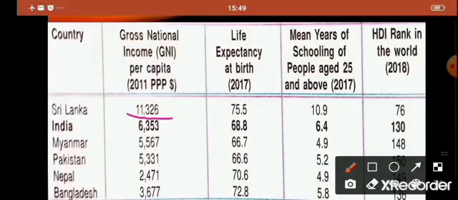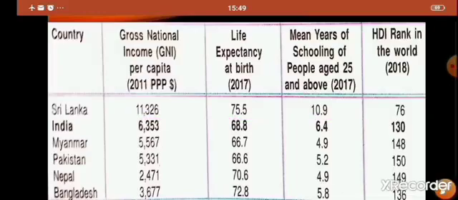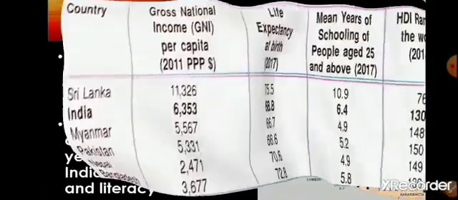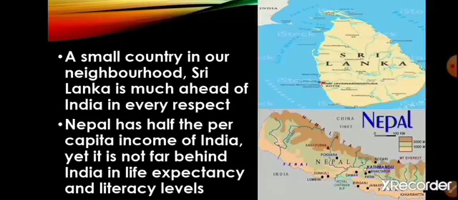And if you see the life expectancy at birth, it was 75.5, more than India. Mean years of schooling of people aged 25 and above in the year 2017, it was 10.9. Again, it was more than India. So, we can conclude that Sri Lanka is much ahead of India in every respect.